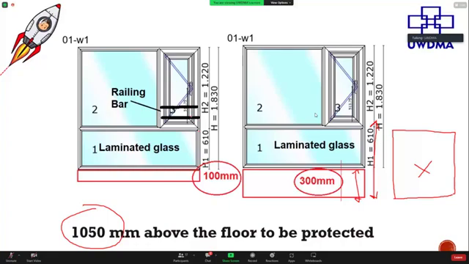So if the wall is just 100 and the fixed part is 610, here we give rail bars, some grill type of thing, up to the height of 1050 for safety purposes, so that somebody doesn't easily fall out of the window.